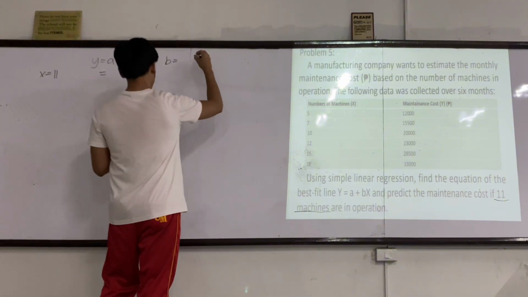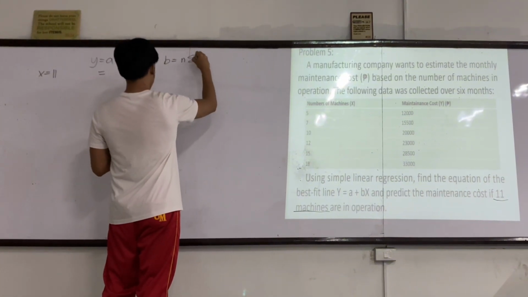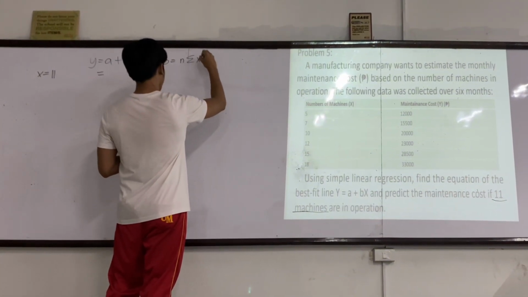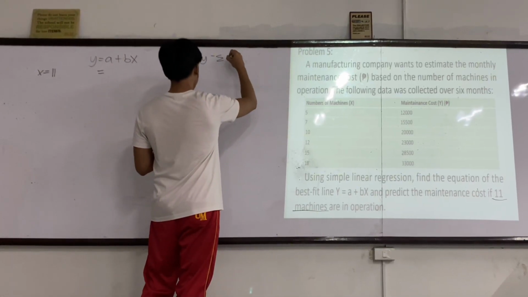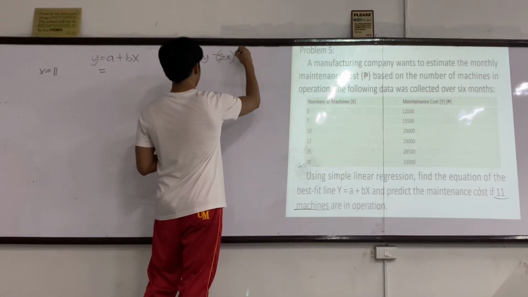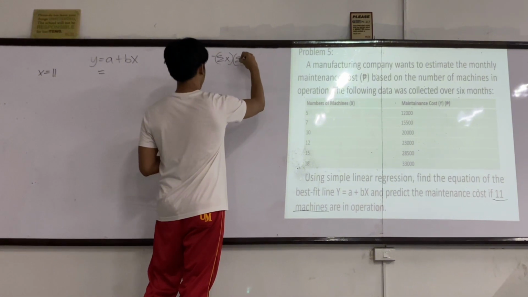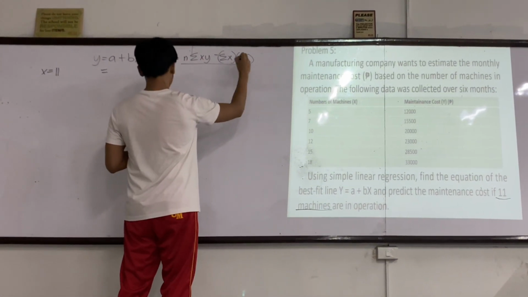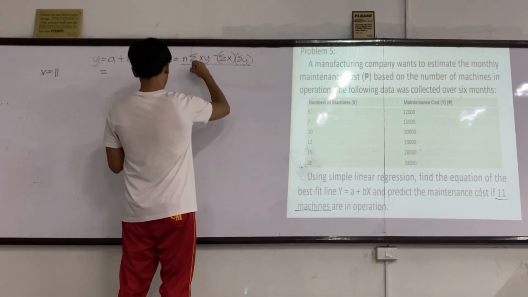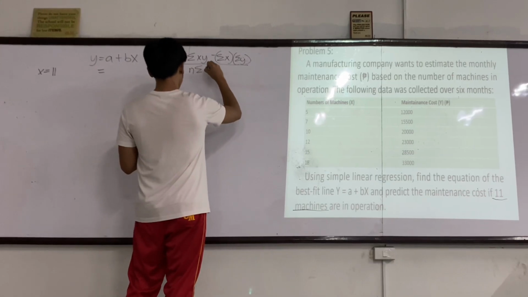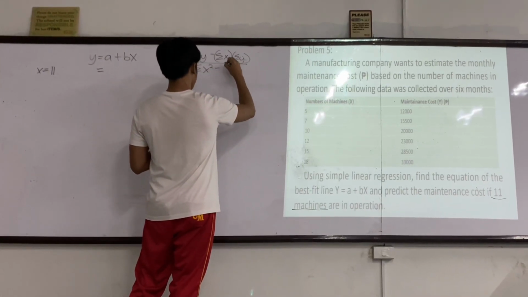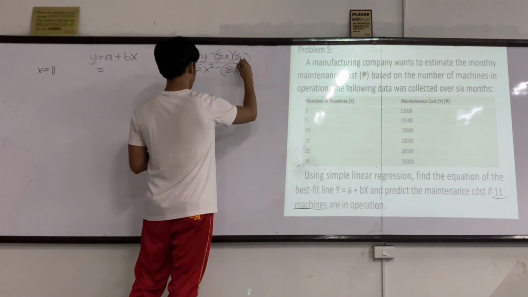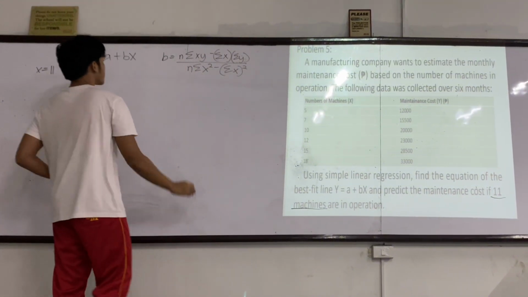So B is equal to N times summation of x, y minus summation of x times summation of y over N times summation of x squared minus summation of x, squared.